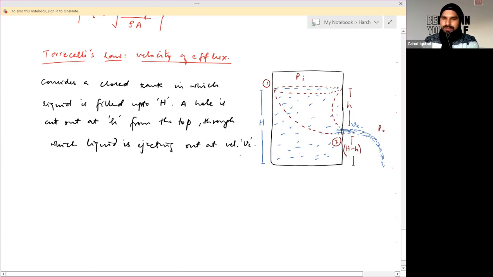So we have to calculate the expression of the velocity ejecting out through this particular part.